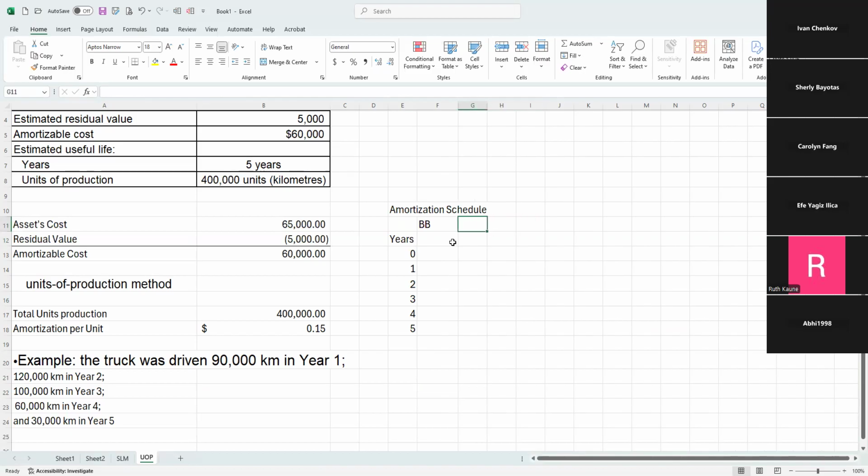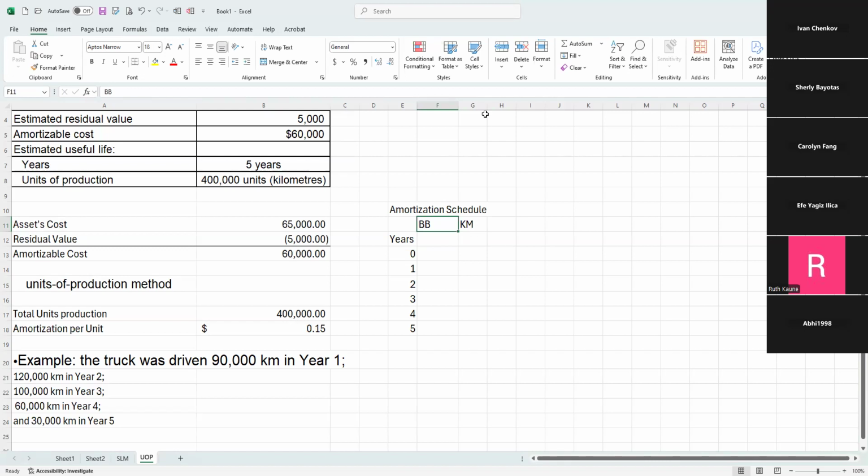Then we're going to have amortization per unit. No, actually, that will be kilometers driven. Those are too big.